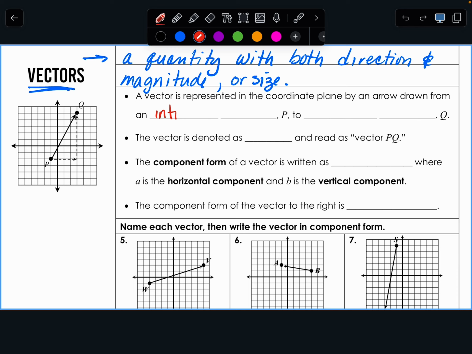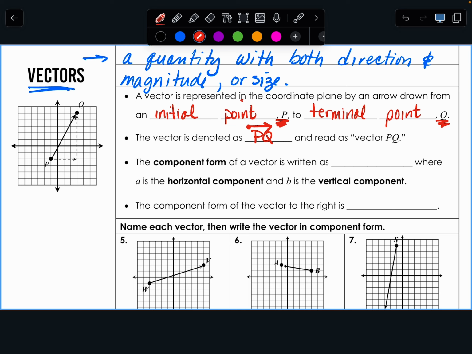I can spell initial point P to the terminal, or ending, Q. The vector is denoted with the symbol PQ, again, because we start someplace and go, and we read it as vector PQ. That's how you read that.